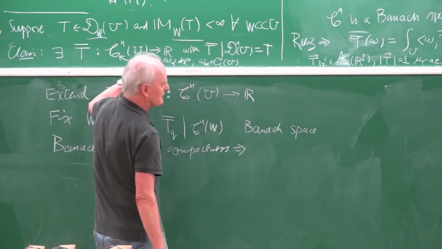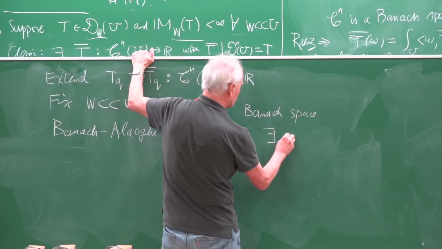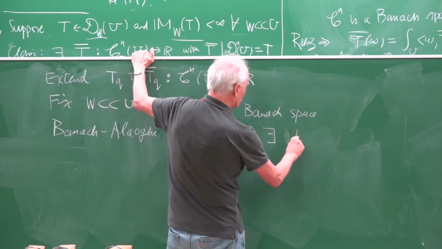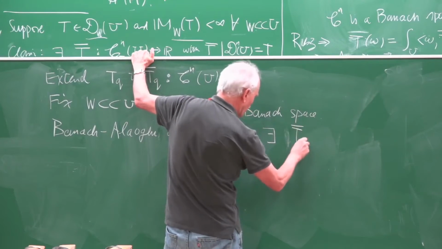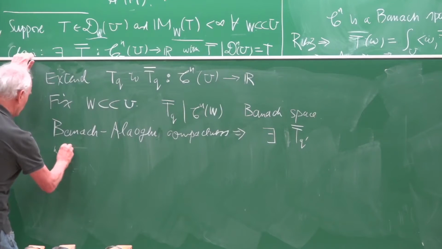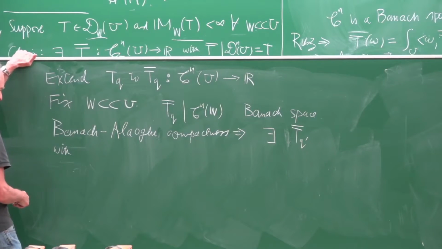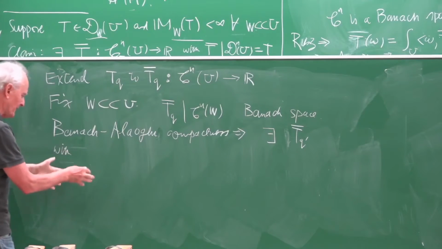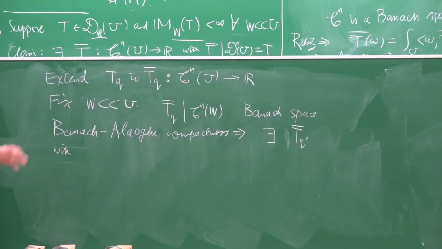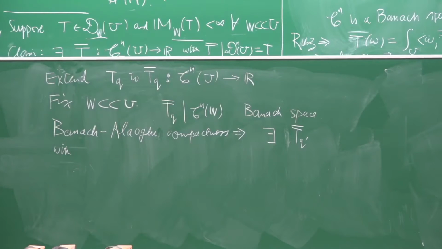The Banach-Alaoglu compactness theorem implies that indeed there exists a subsequence q prime, a subsequence T_q prime bar. So we do this for each W, applying Banach-Alaoglu for each W. Technically you're going to have to take an increasing sequence that eventually chews up all of U, but it's pretty clear that you can do that.